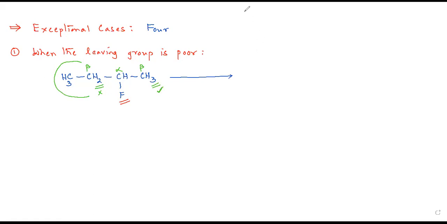And when that is removed, let us consider both the possibilities. Let this be the possibility A and let this be B. With alcoholic KOH, in possibility A, of course, that is very easy to remove.